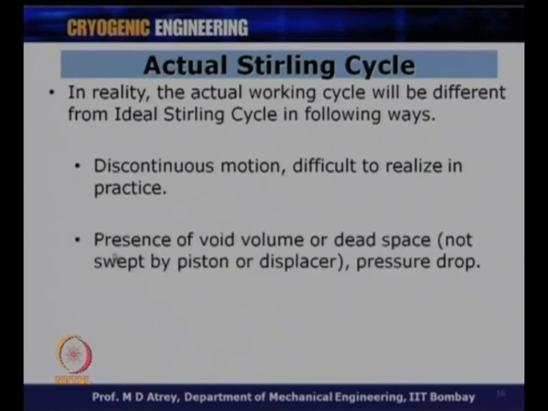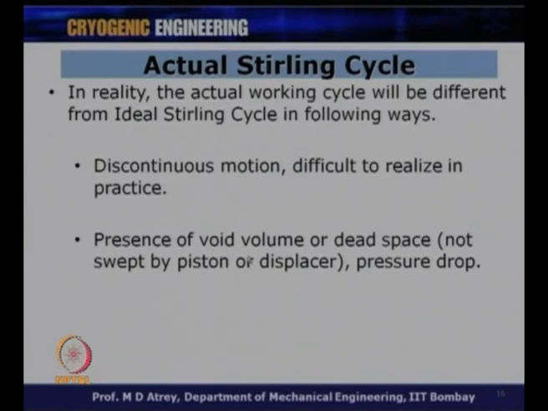Also, the presence of void volume. What we just saw was we got a compression swept volume, we got expansion swept volume, and we got a regenerator volume. But in order to realize this in practice, we may have some piping, we may have some tubes through which the gas travels from compression space to the expander space. All right. That means we got some more volume to what we just saw. So, this volume which is not traveled by piston or displacer is normally called as void volume or dead volume.